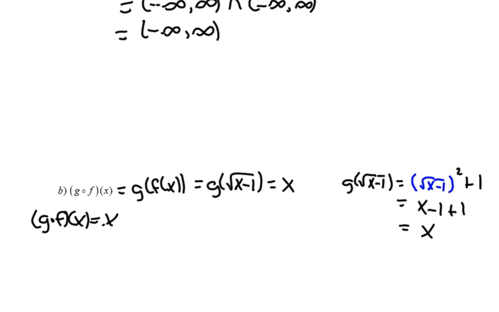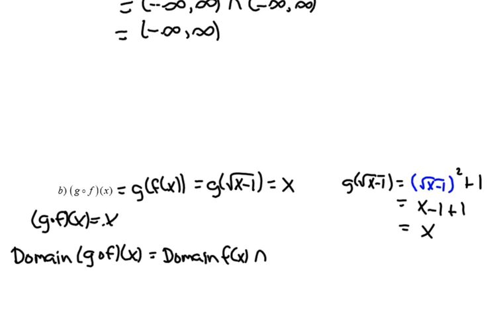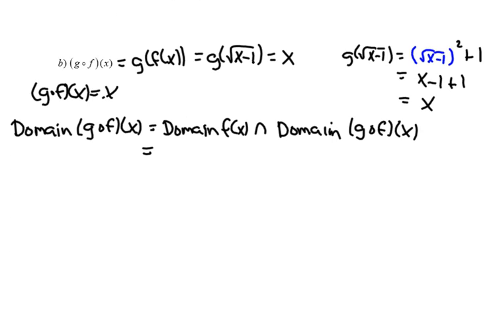Now, let's take a look at the domain for this. So that's going to be the domain of f. So f of x is the square root of x minus 1. So we know that's going to have domain restrictions.